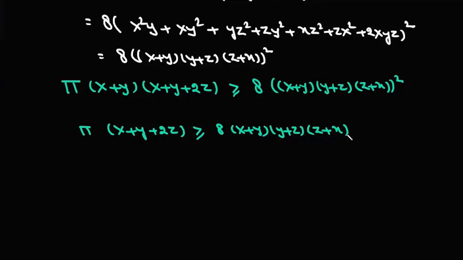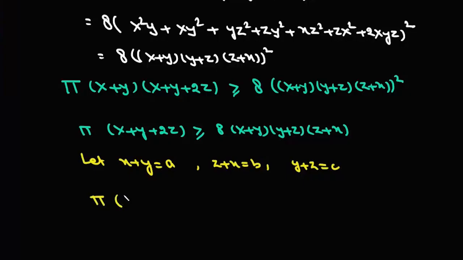Now what we'll do is we'll let x plus y as a, z plus x as b, and y plus z as c. Then we can write this as this product, and then x plus z, it is b, and y plus z is c. So product b plus c, it is greater than or equal to 8 abc.